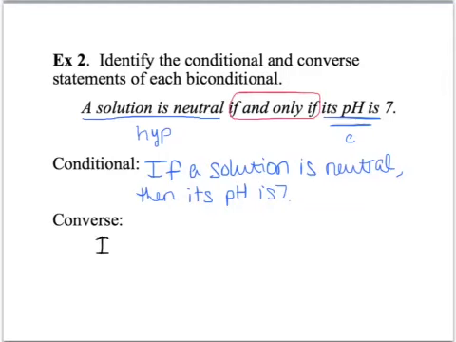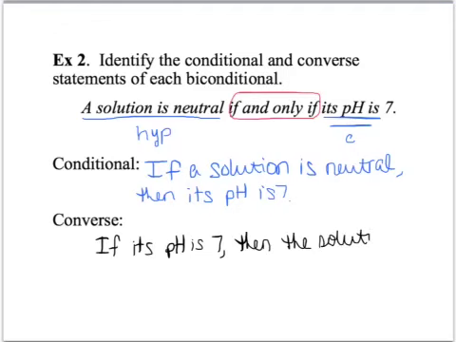So if its pH is 7, then the solution is neutral. I want you to do the next example on your own. And when you get to school, let me know if you have any questions about it, and we'll go over that.